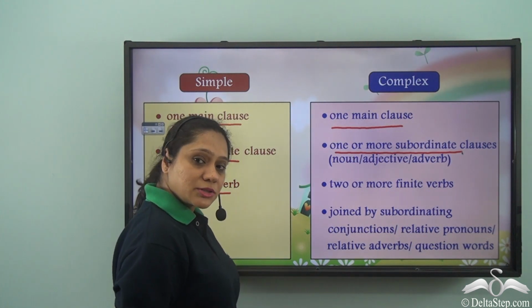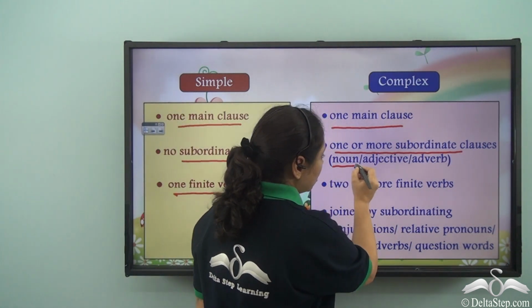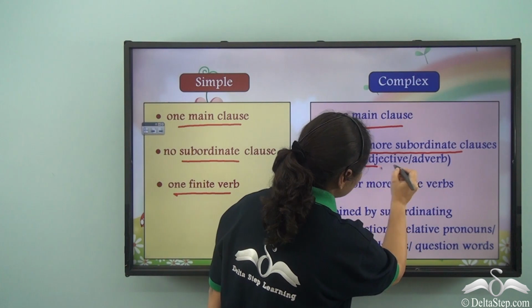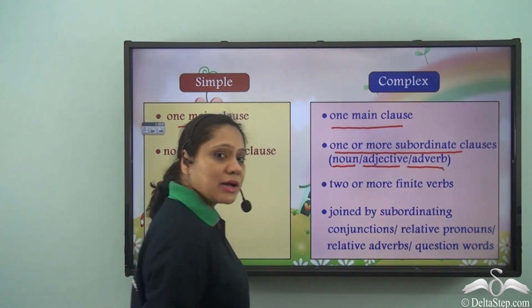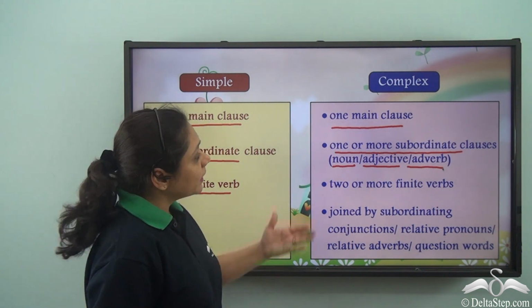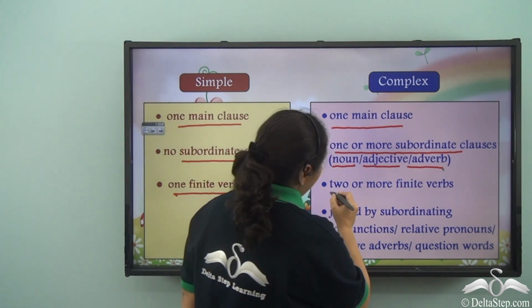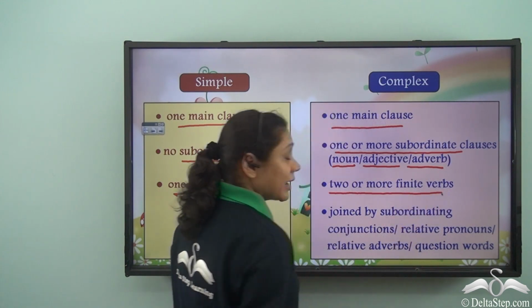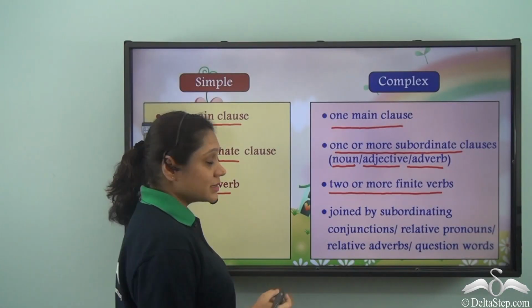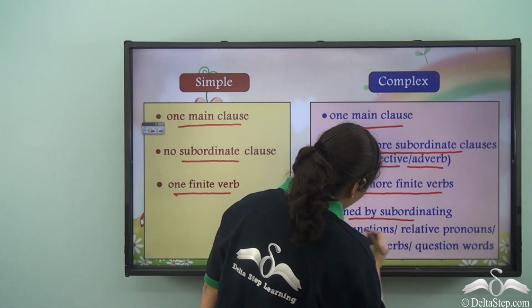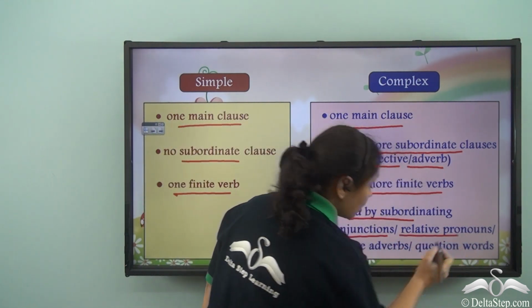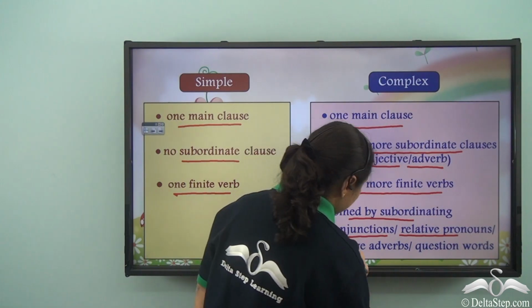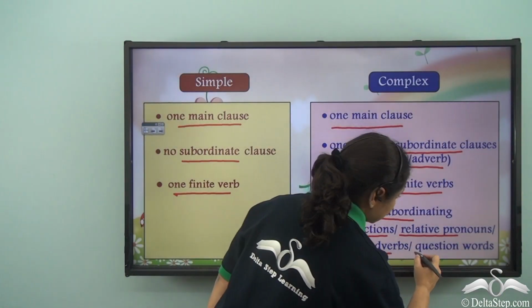Now, these subordinate clauses can be noun clauses or adjective clauses or adverb clauses depending on their function in the sentence. A complex sentence has two or more finite verbs. The clauses are joined by subordinating conjunctions or relative pronouns or relative adverbs or question words.